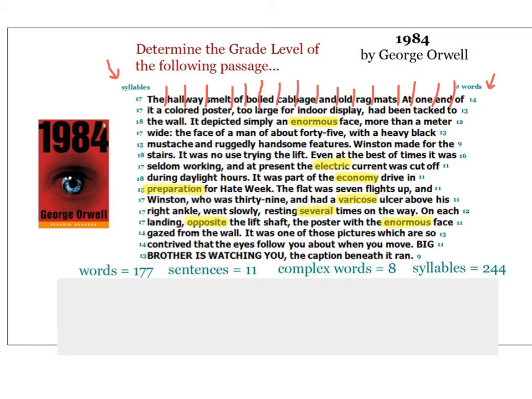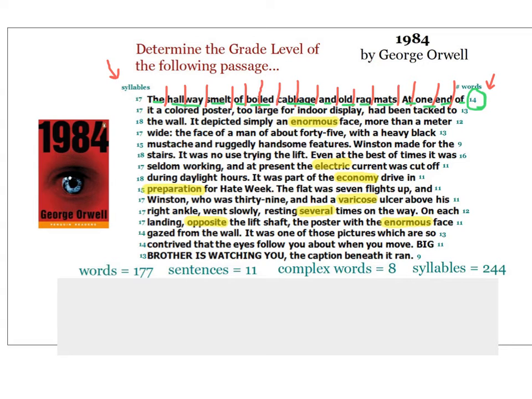Now if you count the words in that first line, it has 1, 2, 3, 4, 5, 6, 7, 8, 9, 10, 11, 12, 13, 14. It would be 14.